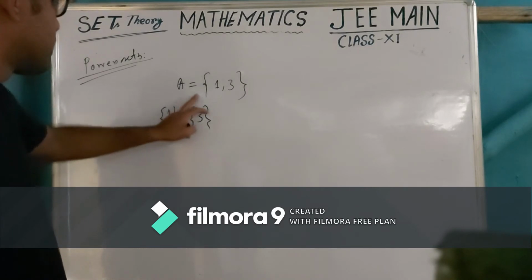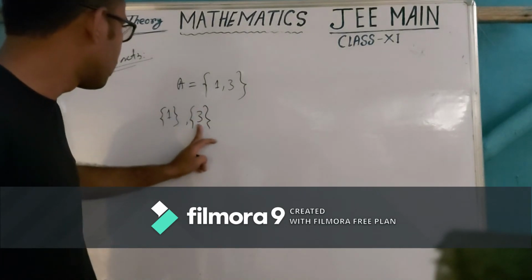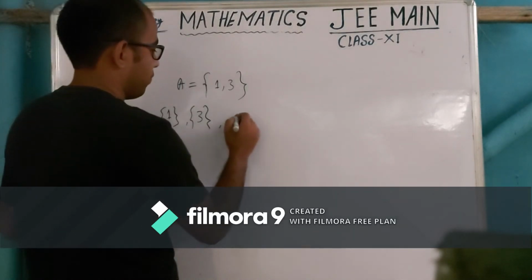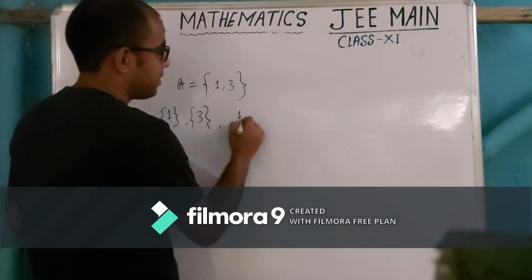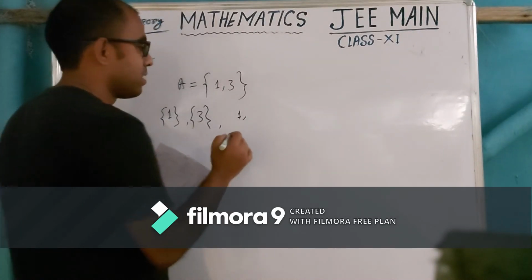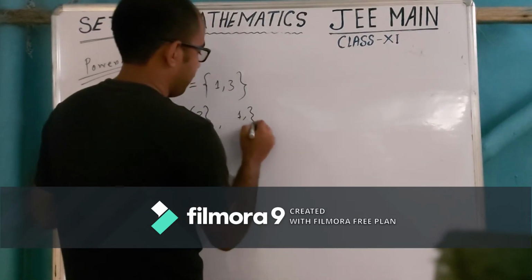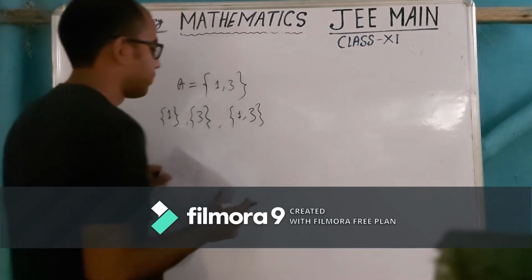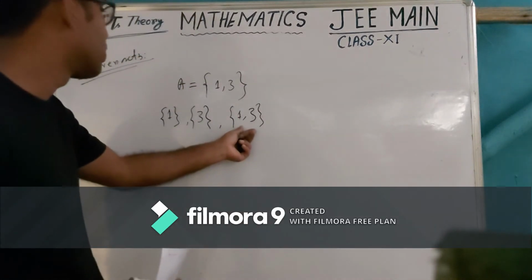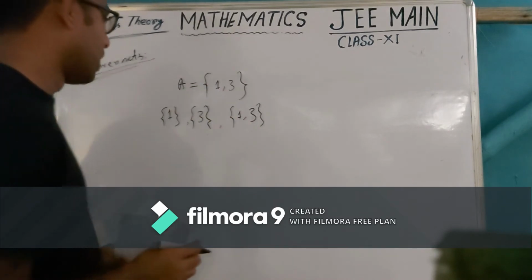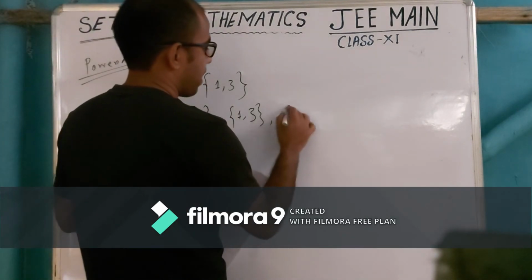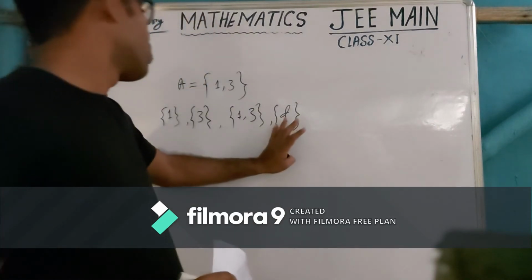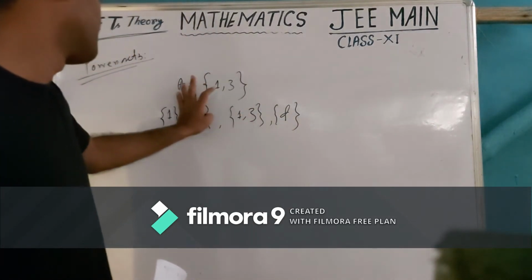This is a set, and 3 belongs to capital A. And we know every set is itself a subset. So {1, 3} is also a subset of A, and phi, the empty set, is also a subset of A.